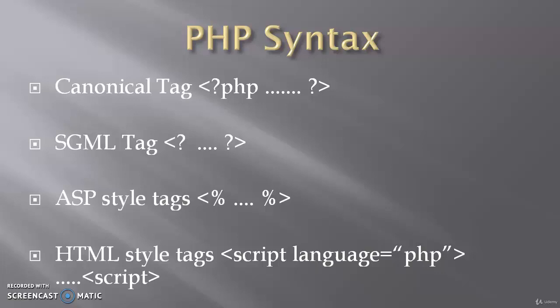The same goes with the SGML tag, but you have to make certain configuration changes to achieve this. In ASP style tags, you just have to use the percent sign instead of the question mark. And in HTML, you have to write language equals PHP inside the script tags, similar to JavaScript. But the most widely used, as I mentioned, is the canonical tag. So as a beginner, we are going to start with the canonical tag.